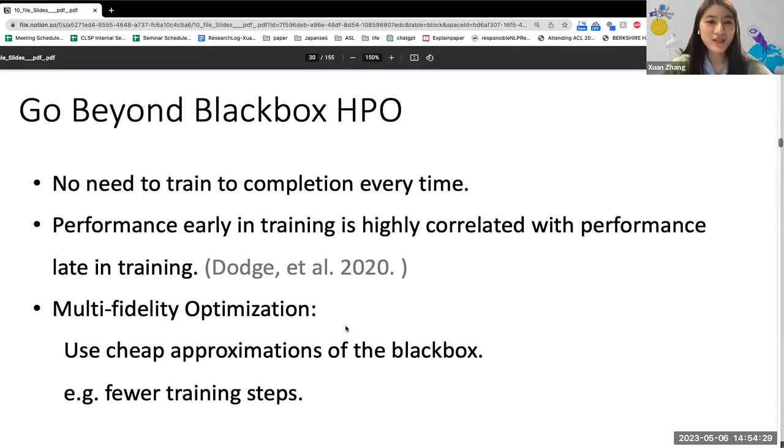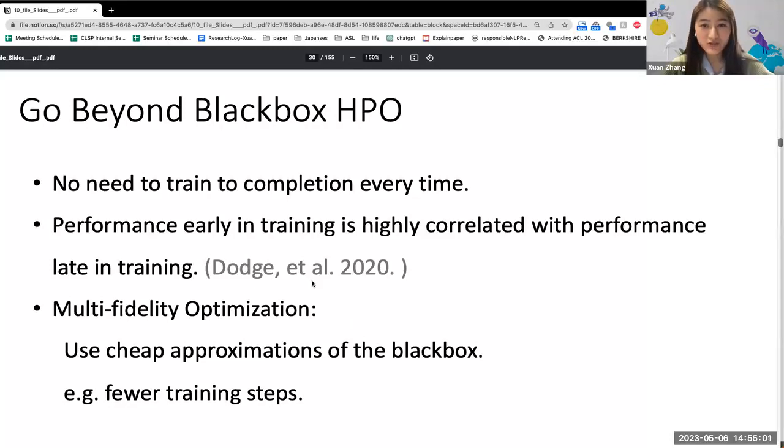So far, the HPO methods we've discussed typically require waiting for the model or function f to converge, except for PBT. This waiting time can be a bottleneck for HPO runs besides initialization, which is why these methods are often called black box HPO. For us, the target function seems like a black box. However, it turns out we don't always have to train to completion every time.